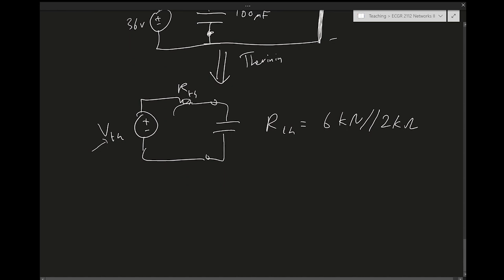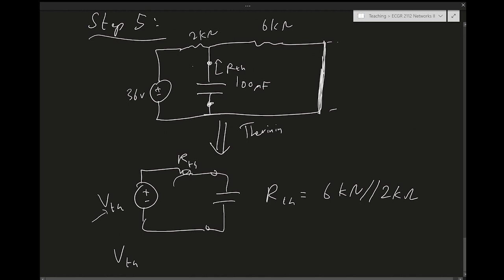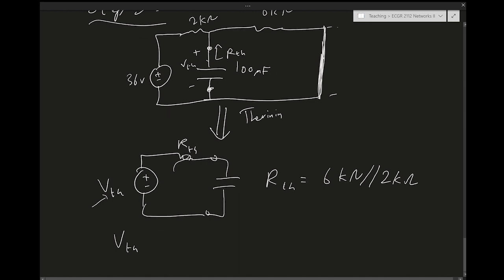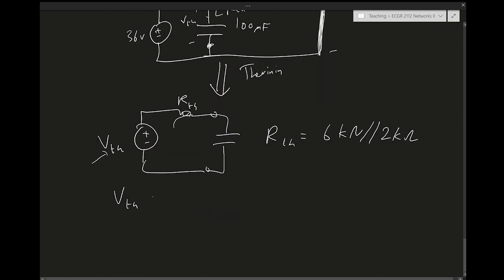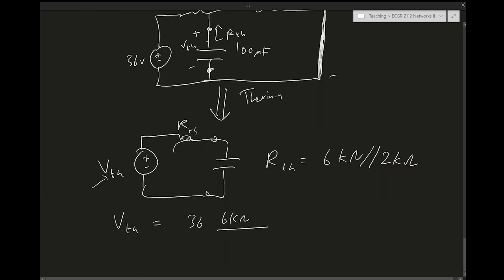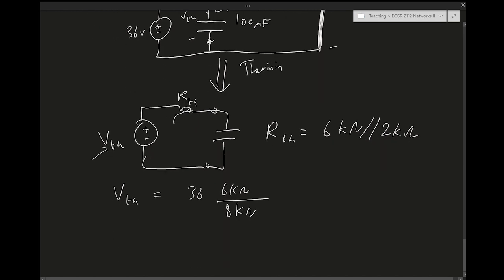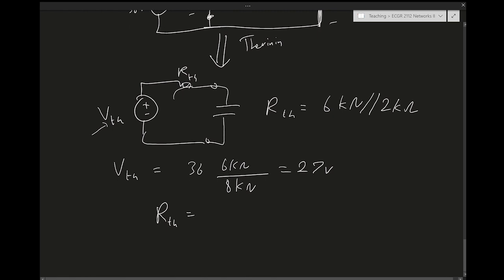We don't need to calculate V Thevenin, but if we wanted to, it's just the voltage that appears here, assuming this is open. There's no load, so that will be simply a voltage divider. That will be 36 times 6 kilo ohms over the sum, 8 kilo ohms. If you do the math, this turns out to be 27 volts. This won't be used, but R Thevenin is the paralleling of 6 kilo ohms and 2 kilo ohms.